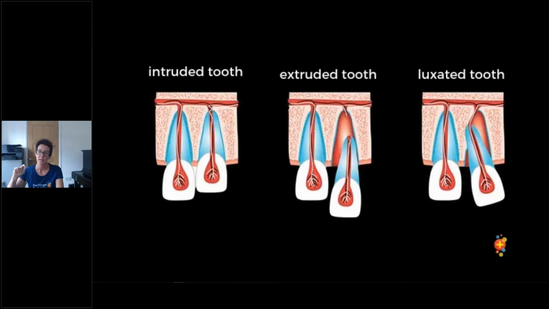The extruded permanent teeth do need to be repositioned, and this is a dental emergency really, just as the fully avulsed permanent teeth are. These need to be dealt with quickly.